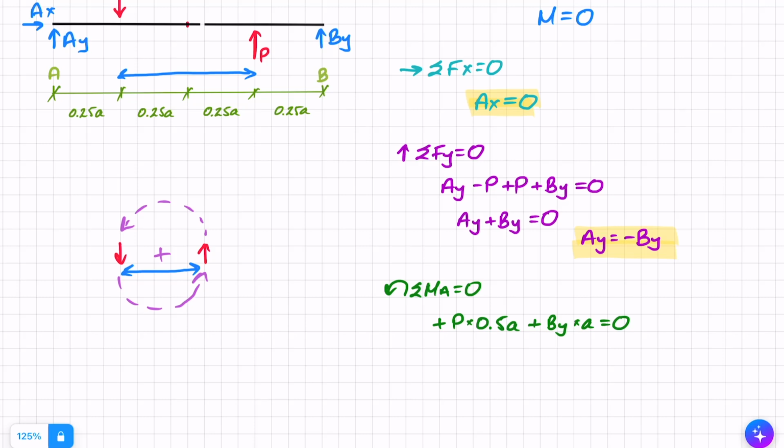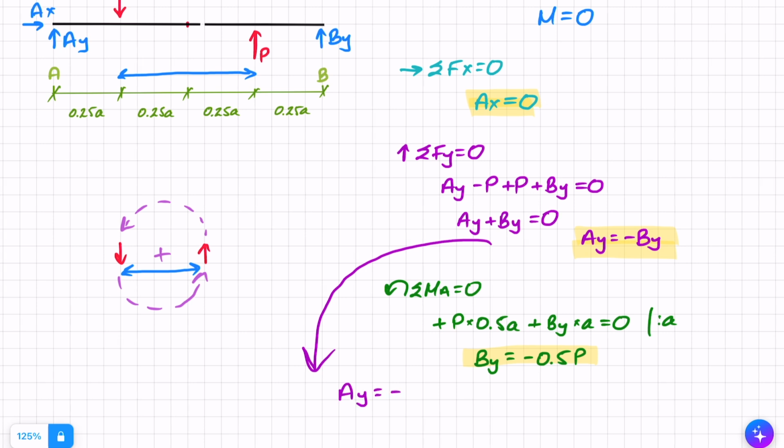I can see in every part of this equation, I've got force times distance, so I know that I'm in units of moment. I can divide everything by a, and I am left with BY equals minus 0.5P. Now the last thing that I want to do is go back to this equation and find that AY equals minus BY, so it's minus minus 0.5P, and therefore AY equals plus 0.5P. And as expected, these are in units of force.